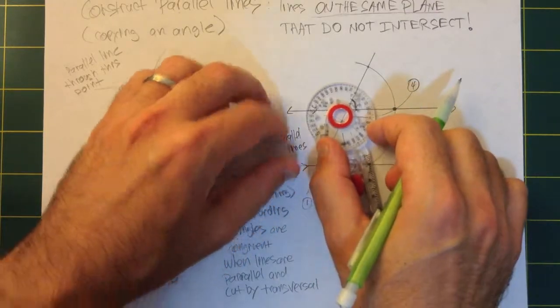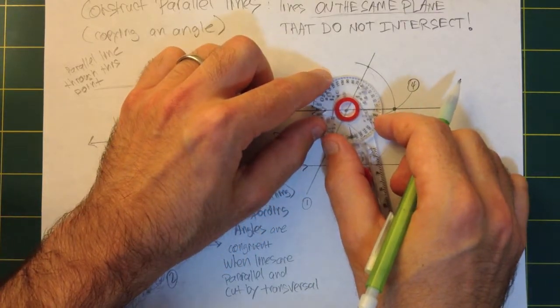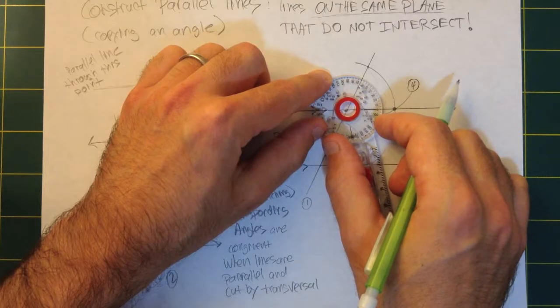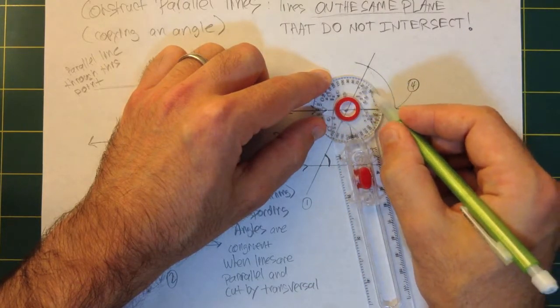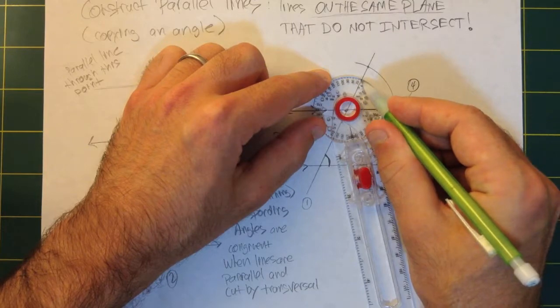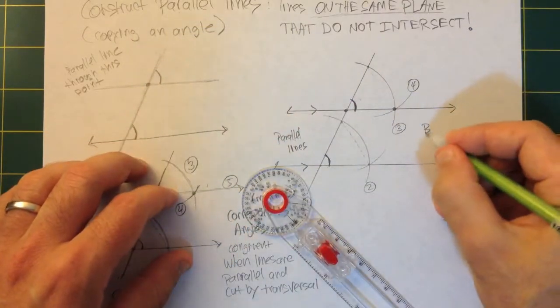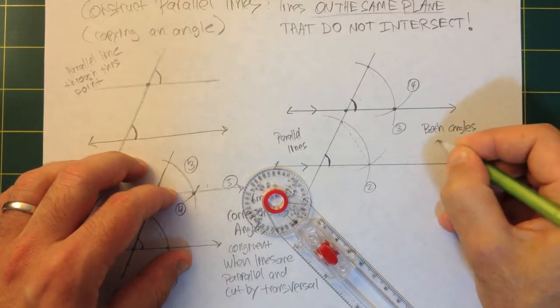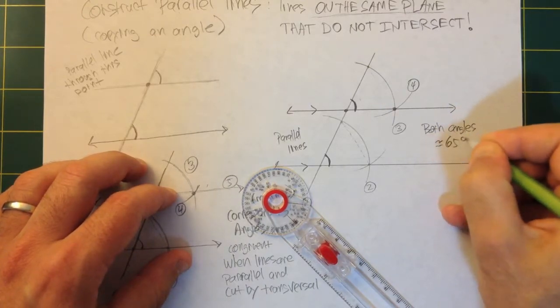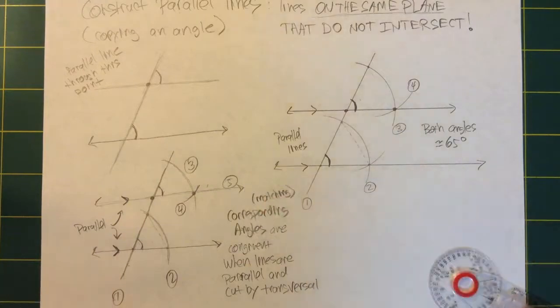Then I come over here and I check that same angle to make sure it has the same measure. 0, 10, 20, 30, 40, 50, 65. Yes, both angles are about 65 degrees. So this was a good construction.